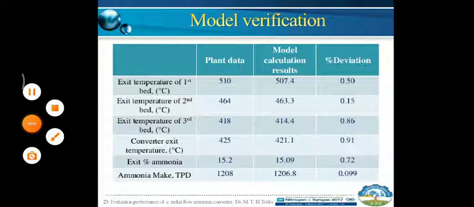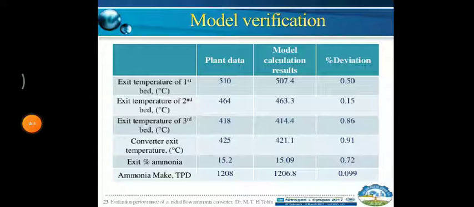For the third bed, the percentage of deviation is 0.60, the exit temperature deviation is 0.91, and the exit percentage of ammonia is 0.72. For the ammonia make, the temperature deviation is very small, it is 0.09.